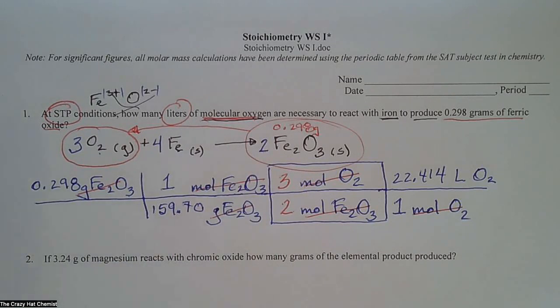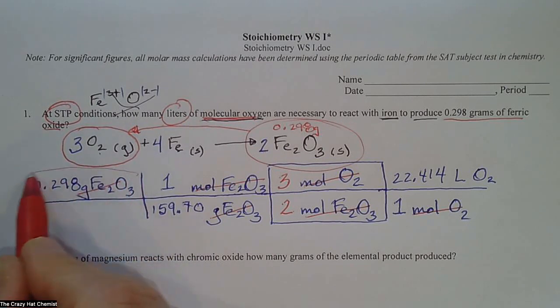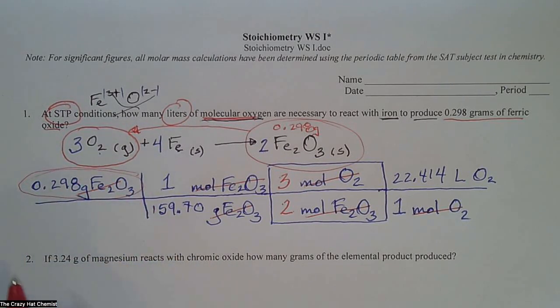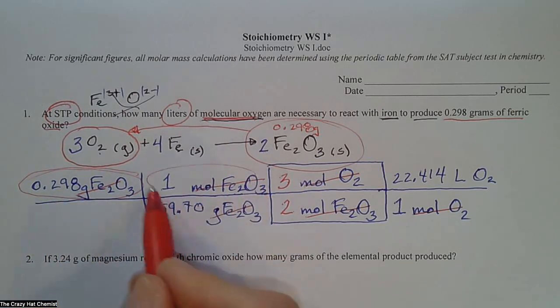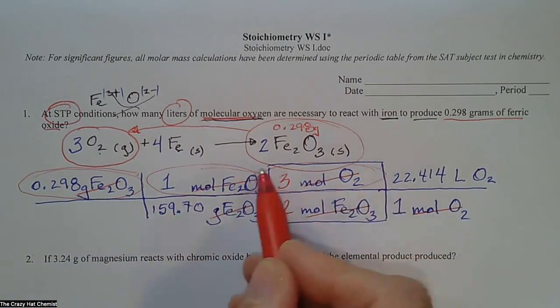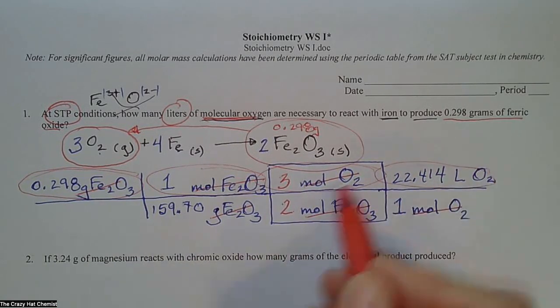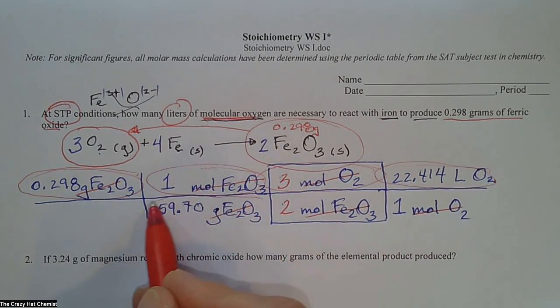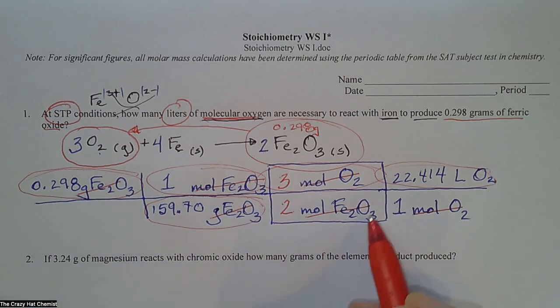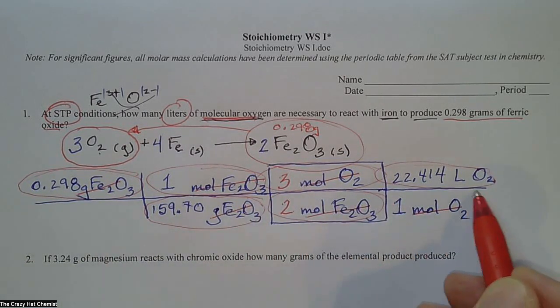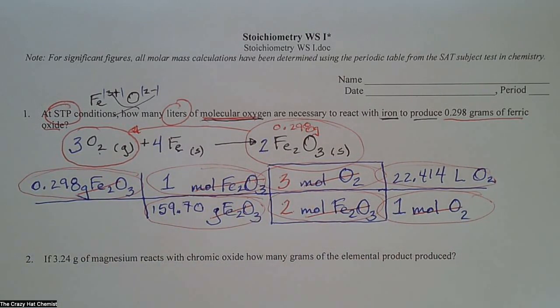Okay. So now what we're going to do is we're going to take our numerator numbers. That's 0.298 times 1 times 3 times 22.414 divided by 159.70 divided by 2 divided by 1.